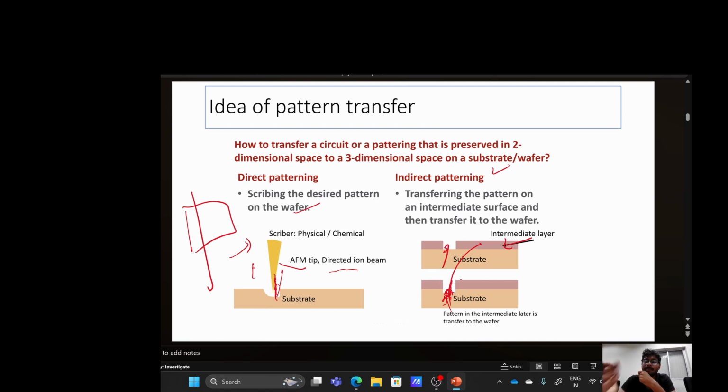By placing it in a chemical that can specifically react with the substrate, you remove it from here. Like HF can remove SiO2. If you want to remove SiO2 particularly from that part, you can do that, and that should not affect this intermediate layer. The intermediate layer material is chosen such that subsequent processes can be done perfectly.